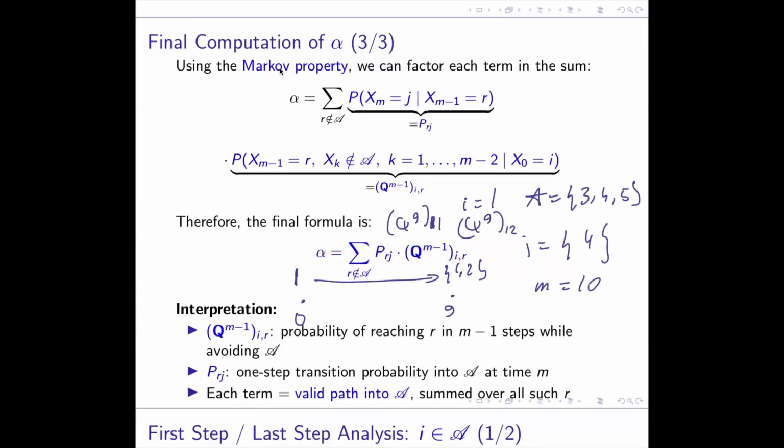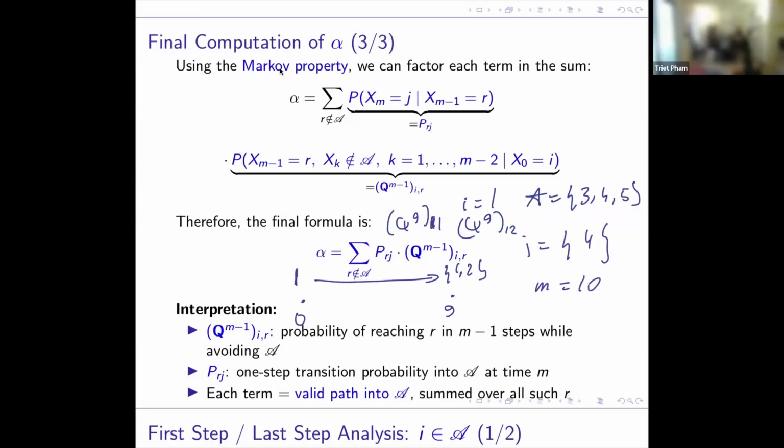So logically, it's impossible to go from state 1 to another state in the class, say state 3, and then go to state 4 within 9 steps or 10 steps. So again, be very clear here. First, we break it down to the first 9 steps. Forget the last step, the last step is on its own.